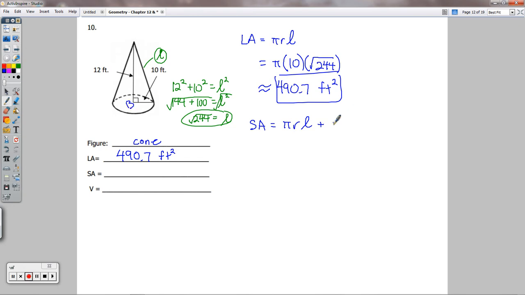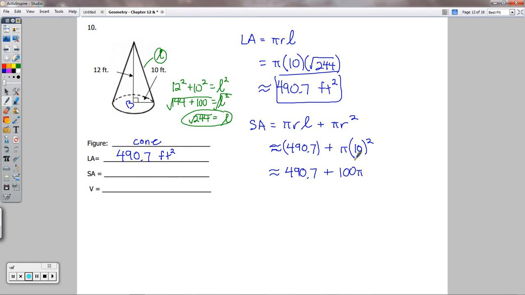Surface area is the lateral area, pi RL, plus, then you only have one base now. That base is a circle in a cone, so pi r squared. We figured this part out already, so it's approximately 490.7 for the pi RL part plus pi times the radius squared. Radius is 10. So you got about 490.7 plus 100 pi. I still have that saved in my calculator, not rounded off.